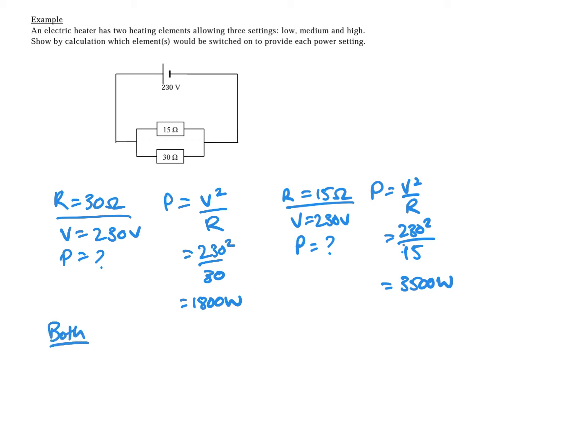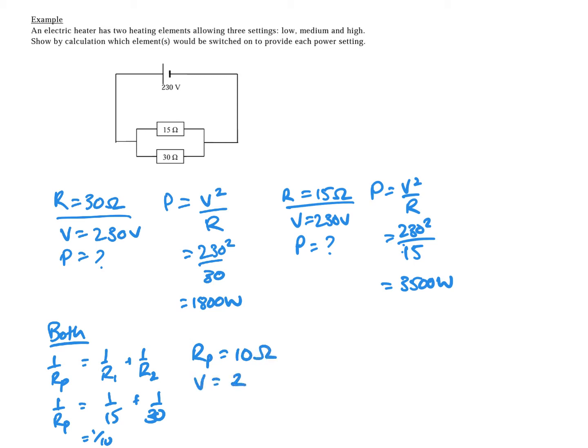we've got to do an initial calculation of 1 over Rp equals 1 over R1 plus 1 over R2. I'll mention a shortcut to this at the end incidentally. So 1 over Rp equals 1 over 15 plus 1 over 30. Running out of space here on the page, but you do that, you get 1 over 10. So 1 over Rp is 1 over 10, so Rp is 10 ohms.